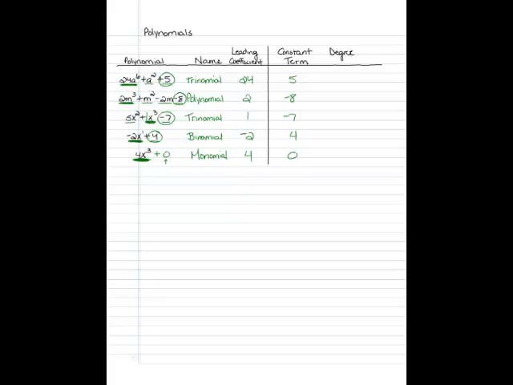Last definition on the list, degree. The degree is the highest exponent in a polynomial. So it's the power of the leading term. It's the exponent of the leading term. For this first one, the highest power is 6. So the degree of the polynomial would be 6. In the second one, the highest power is 3. So the degree would be 3.